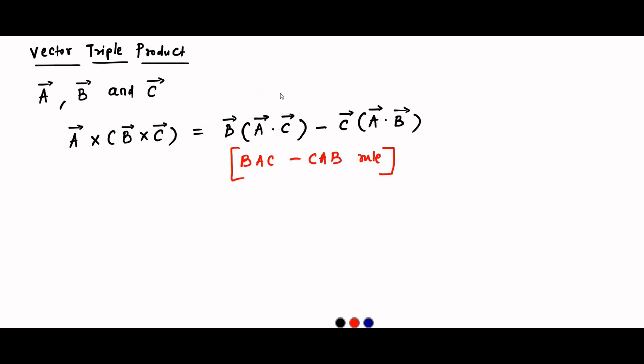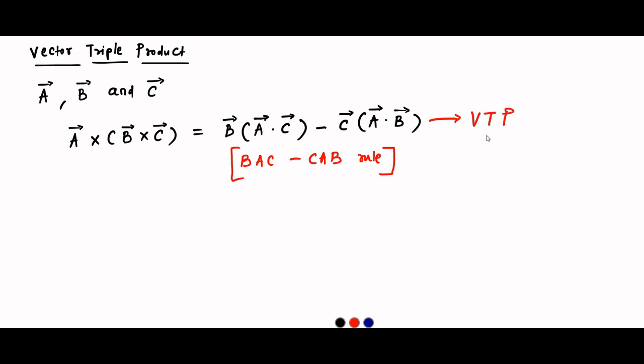Dot product produces a numerical value that gets multiplied as a constant value with a vector, and that results. So this expression is called vector triple product.